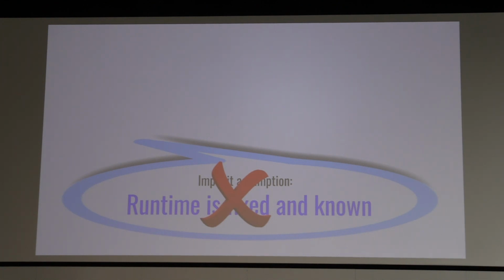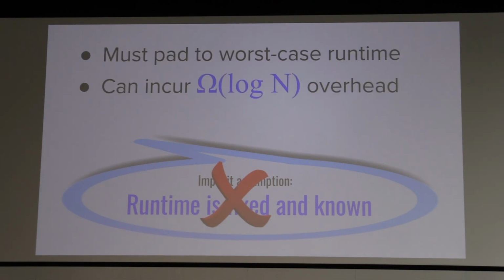And if this assumption doesn't hold, what do we do? If you still want the access pattern to hide the input, you would have to pad to the worst case execution time over all inputs. And this can incur as bad as linear overhead, right? For instance, imagine the program incurs constant time on some inputs and incurs linear time on other inputs. So this can be hugely expensive.